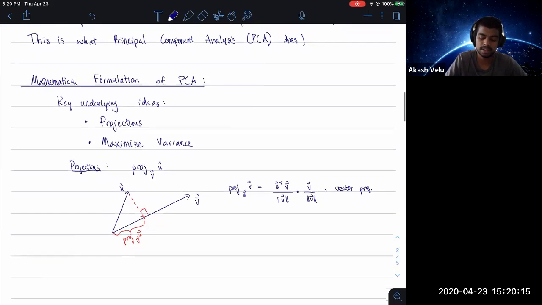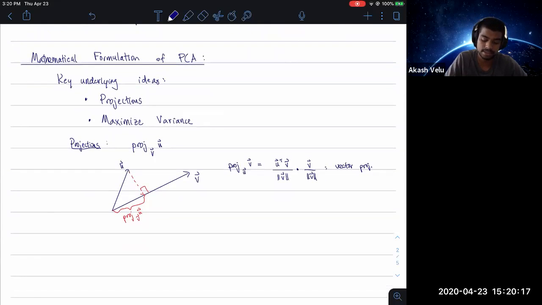But another quantity that people equally care about is the scalar projection. Because a lot of times, and this is the case in PCA, we don't care about the vector. We just care about how much along the vector v we have to go. So we just care about this scaling portion. So that part, the u transpose v over norm v, is called the scalar projection.